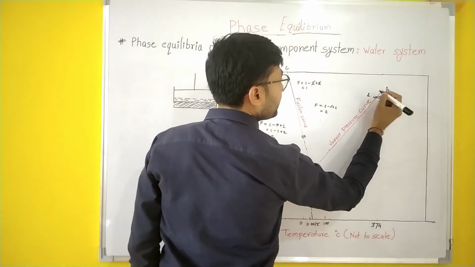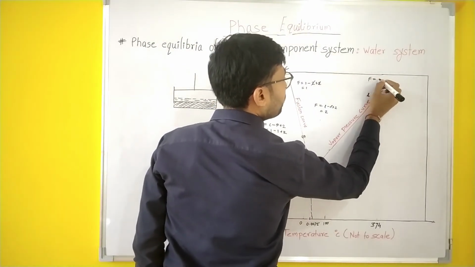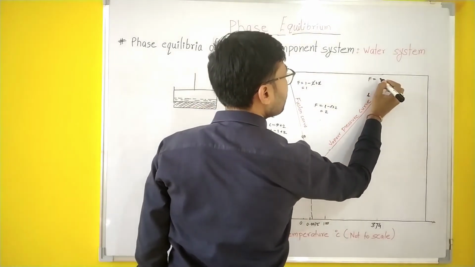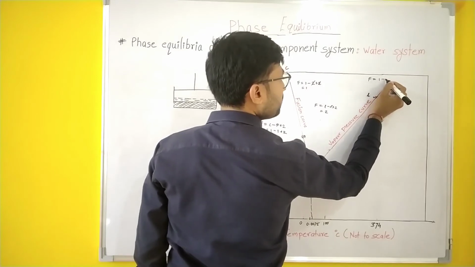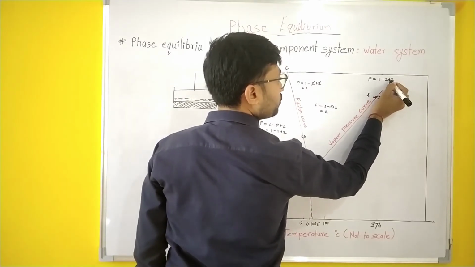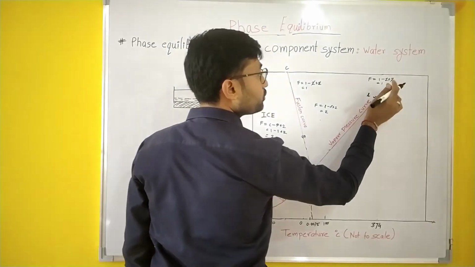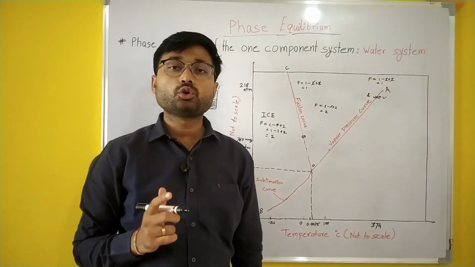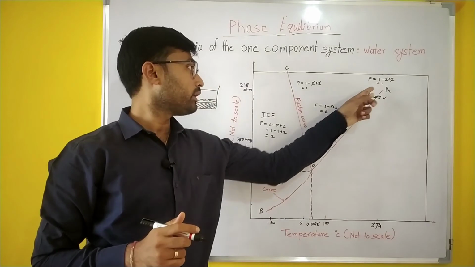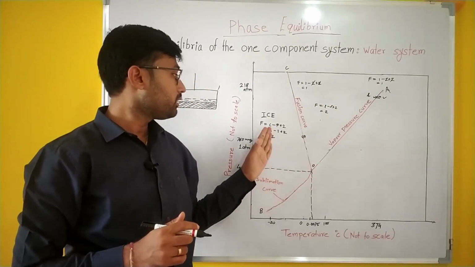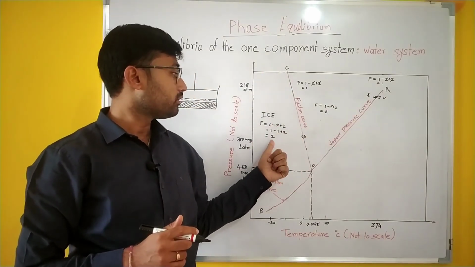The degree of freedom on this curve will be F equal to C, that is 1, minus phases 2, plus 2. So minus 2 plus 2 will be 1. So this is monovariant, right? On the curve it is monovariant, and in the middle it is bivariant.